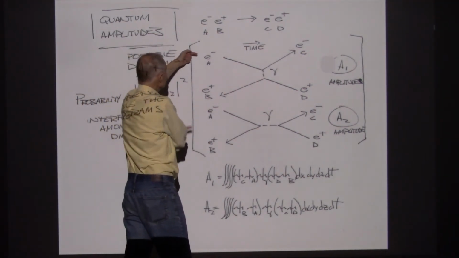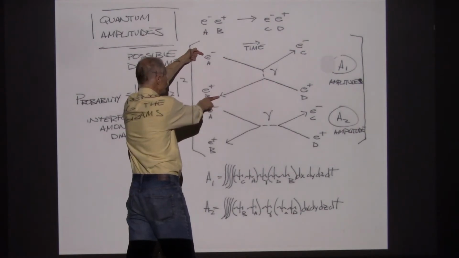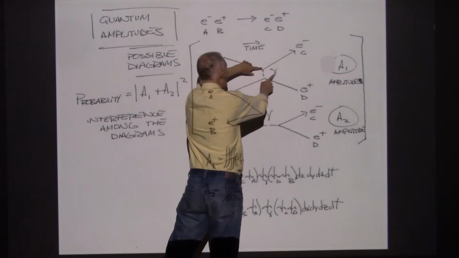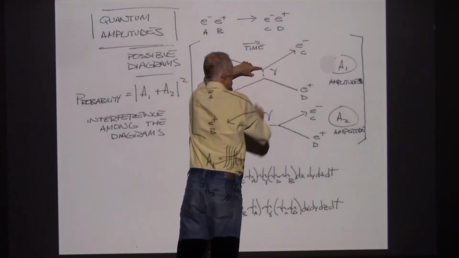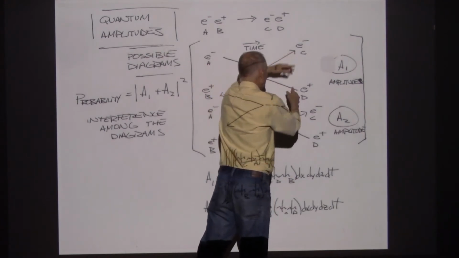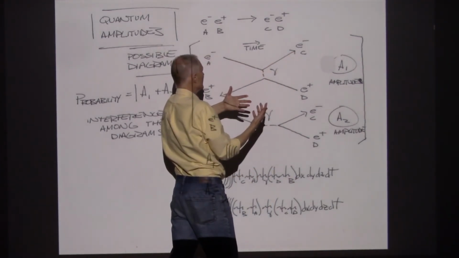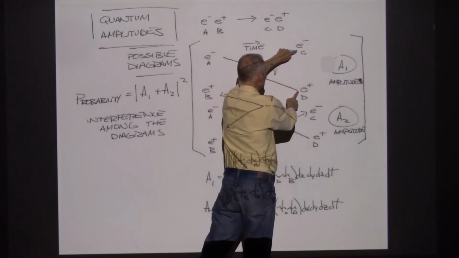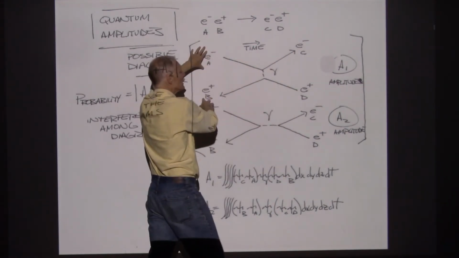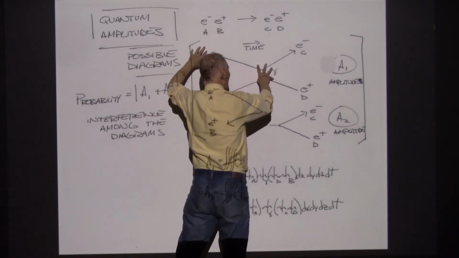So here is the electron coming in, here is the anti-electron coming in. In this diagram, they react through the intermediate photon right here, and as a result, they exchange energy and momentum, and that means that they're going to come out in directions different from the directions that they came in.